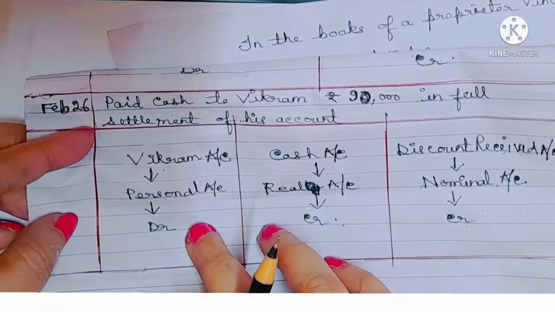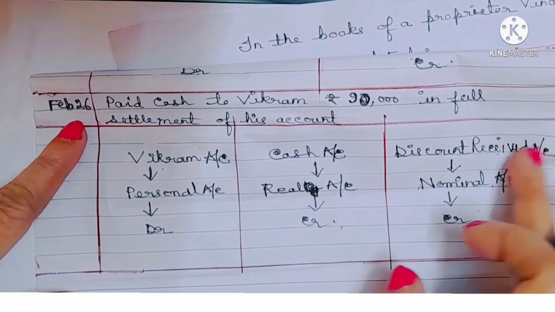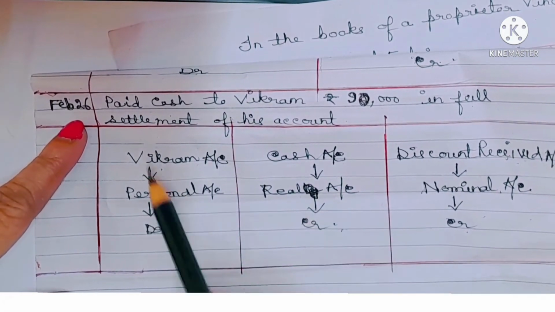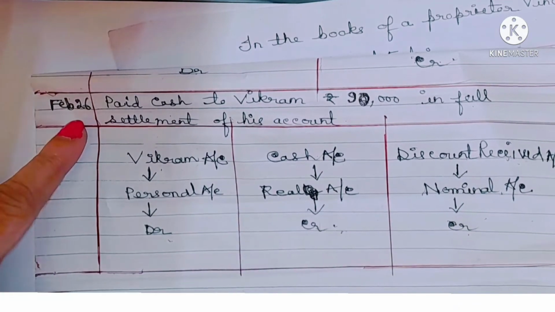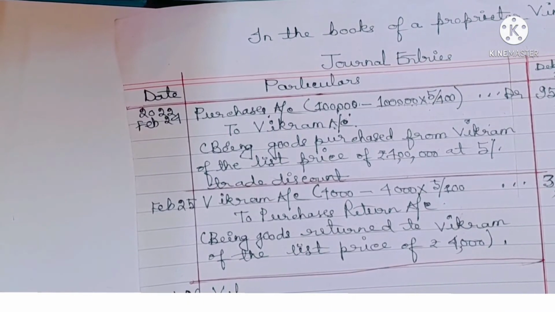Vikram account debit, cash account credit, discount received account credit. One debit, two credit. First is Vikram account debit, cash account credit, and discount account credit. Let's do it. Vikram account debit.